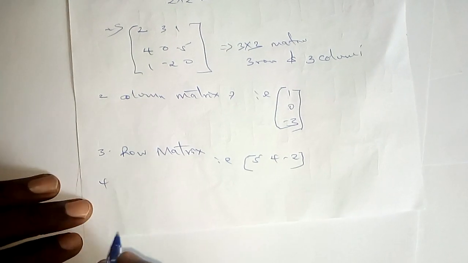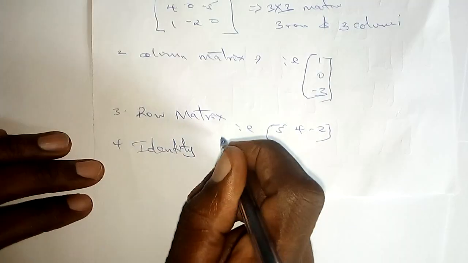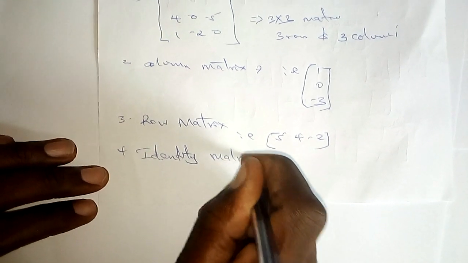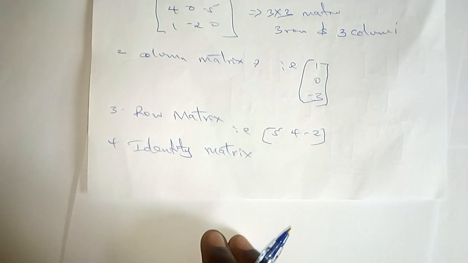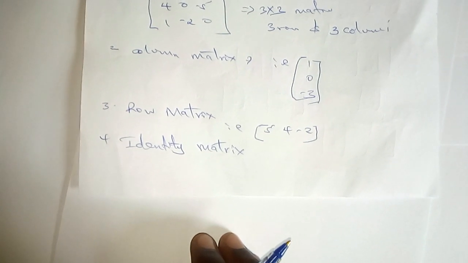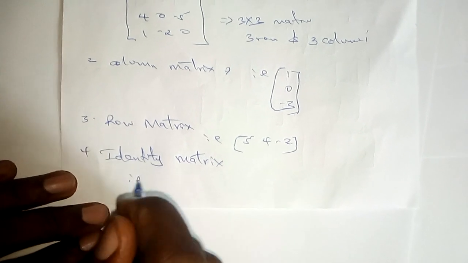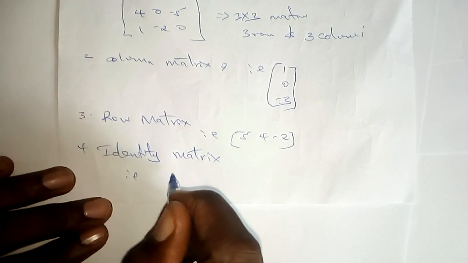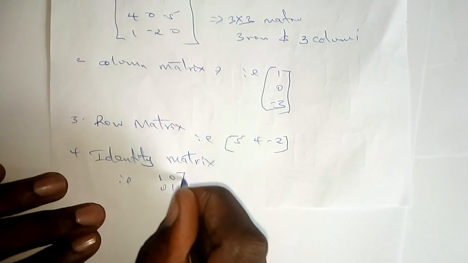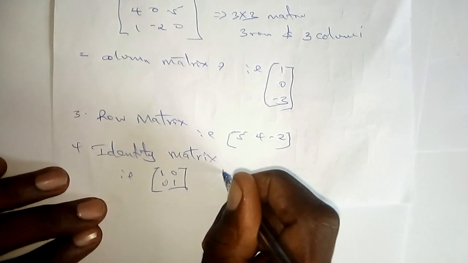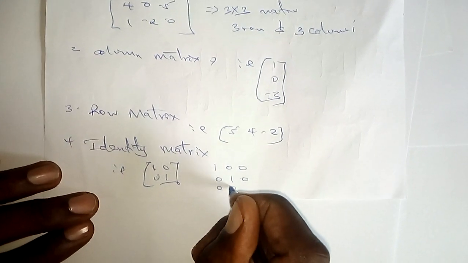And you have number 4, identity matrix. An identity matrix is a square matrix whose elements in the leading diagonal are unity, i.e. for identity of 2 by 2 you can see it is 1, 0, 0, 1, and a 3 by 3 is 1, 0, 0, 0, 1, 0, 0, 0, 1.